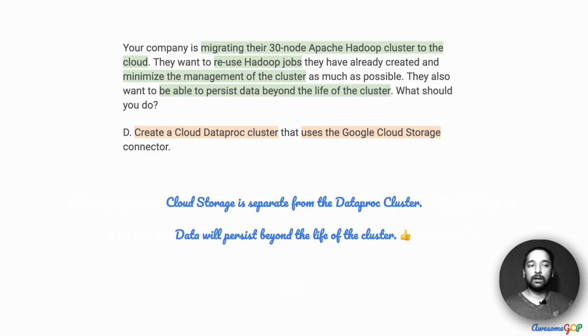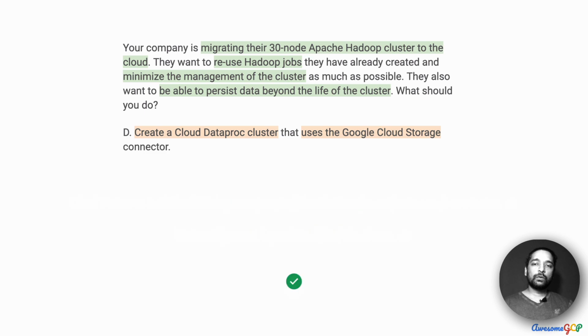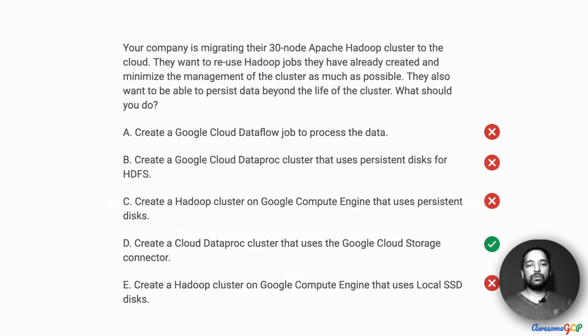You're not restricted to a particular zone or region. So for all those reasons, option D is the most suitable for our requirement, which is to use a Cloud Dataproc cluster and to use cloud storage as the storage point. Google Cloud Storage Connector is a library that allows you to do the connection between Hadoop and storage.